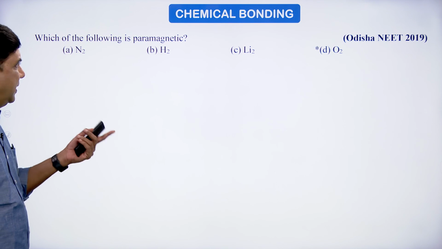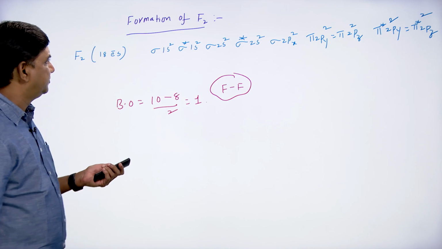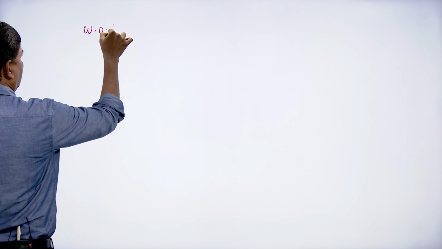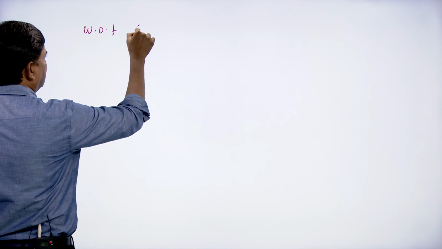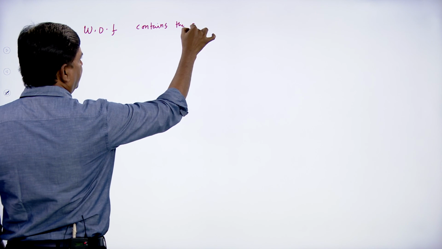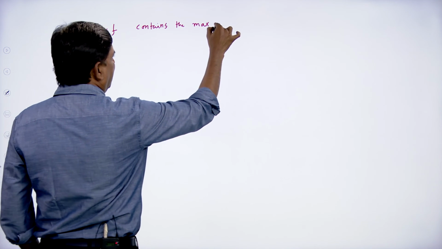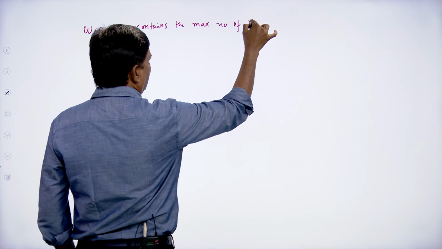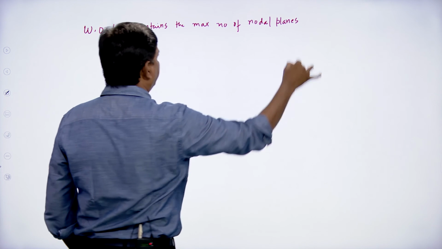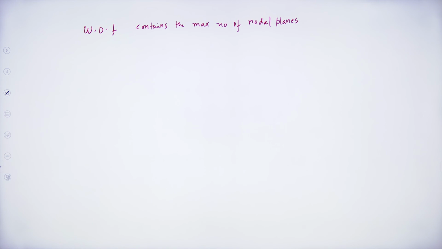Which of the following is paramagnetic? Already we have done this. Here there is a question: which of the following contains the maximum number of nodal planes?